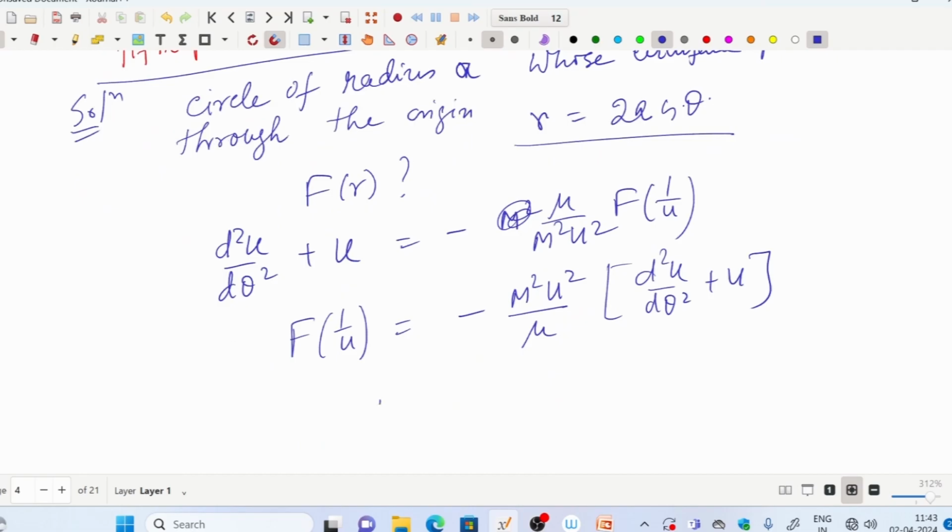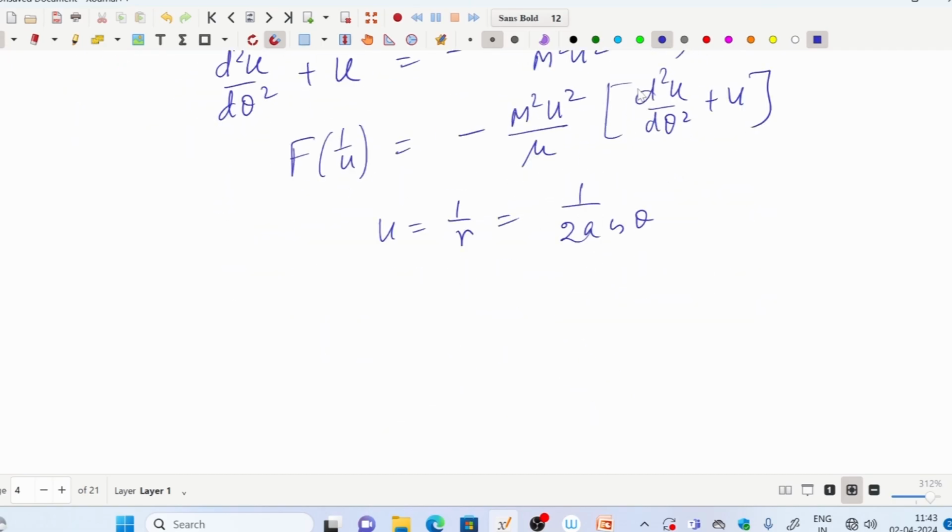Okay. So, what is your u? u is 1 over r, and that is 1 over 2a cos theta. Okay. So, we can find du d theta, which will be 1 over 2a, 1 over cos theta whole square times 2a sin theta.